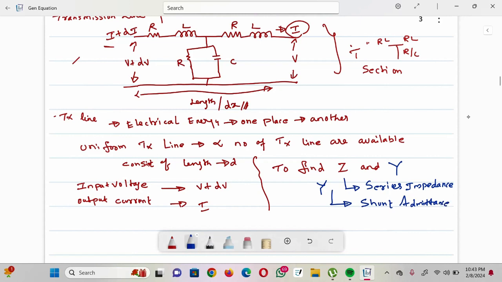Understand? These are very basic important things. Then based on the impedance and admittance values, we are going to calculate the characteristic impedance and the characteristic admittance.